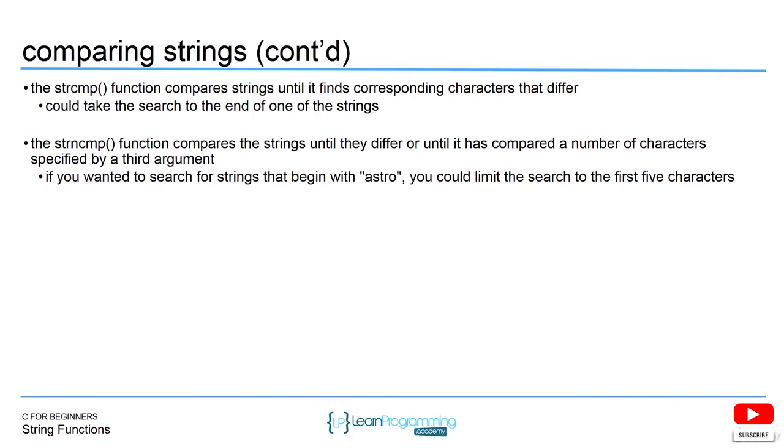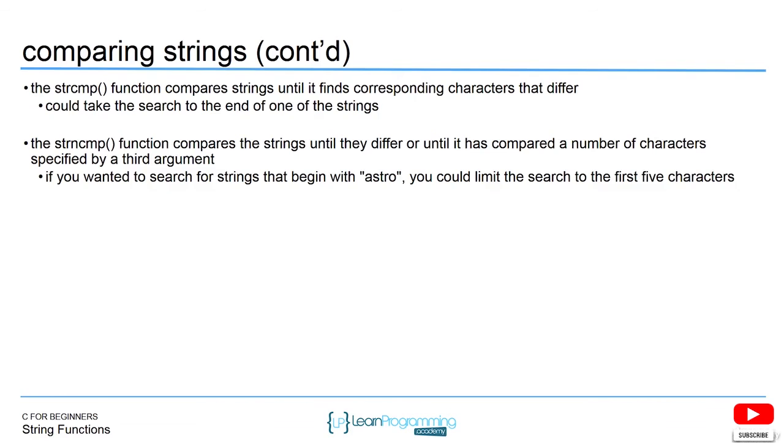The strncmp function compares the strings until they differ or until it has compared a number of characters specified by the third argument. So in this case, you don't need to use strncmp for buffer overflows. It exists, but you only would use it if you want to compare a certain number of characters. It's used differently than strcpy, strncpy, or strncat. The strncmp just says I only want to compare so many characters.